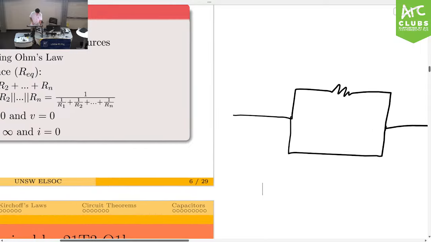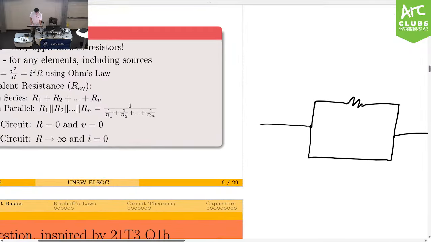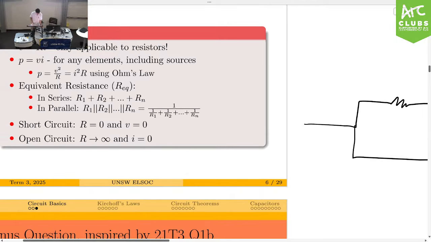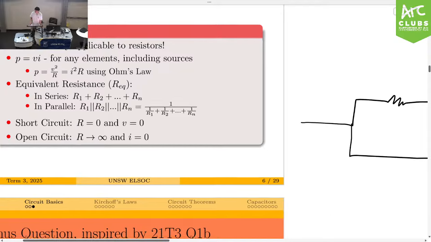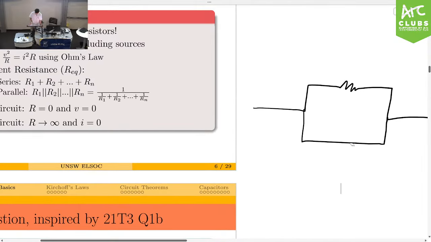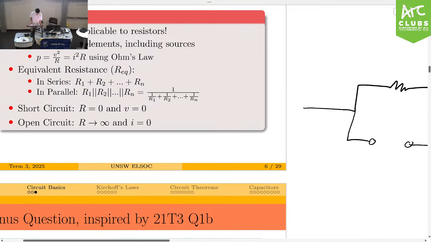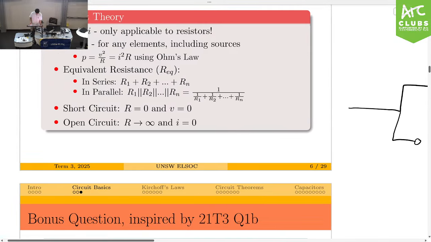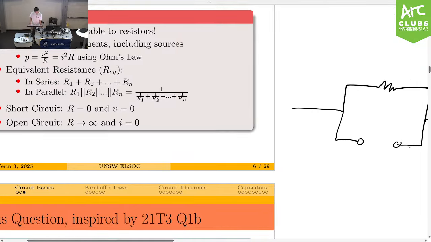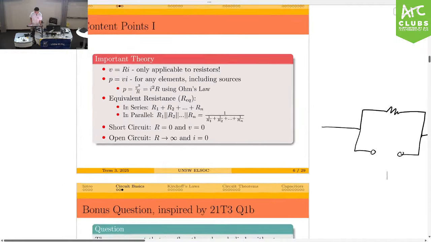In this case, the voltage drop across these 2 points would be 0 because all your current is flowing through here and there's no resistance in between. On the other hand, we have open circuit, which is where there's infinite resistance in between. It's kind of like a disconnection in the wire. So no current would flow through here. Okay, any questions?